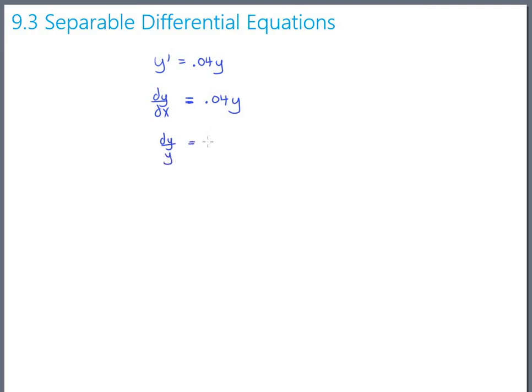And I'm going to multiply both sides by dx. Notice this is separated, right? There aren't any x's on the left-hand side, but all of the x's and dx's are on the right-hand side, and all the y's and dy's are on the left-hand side. So I am ready to go ahead and integrate this thing.